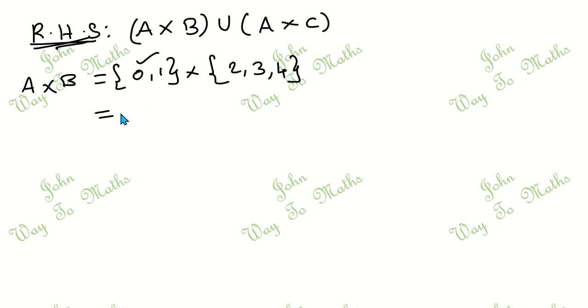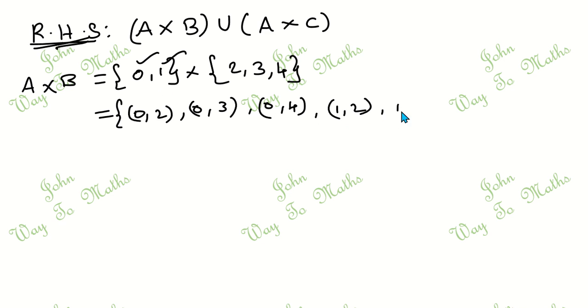So 0 comma 2, then 0 comma 3, then 0 comma 4. Next I'm going to choose 1. So here 1 comma 2, then 1 comma 3, then 1 comma 4 is the A cross B.